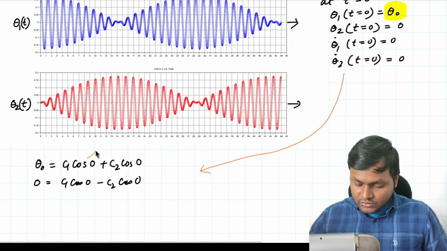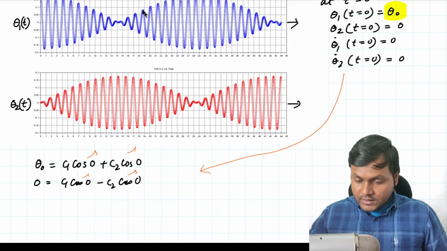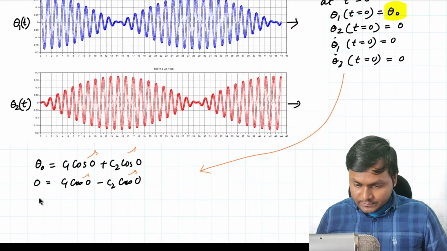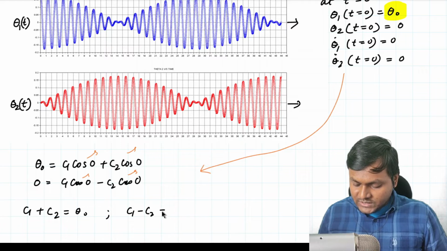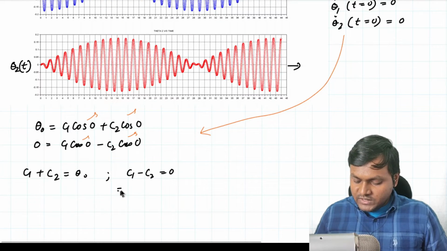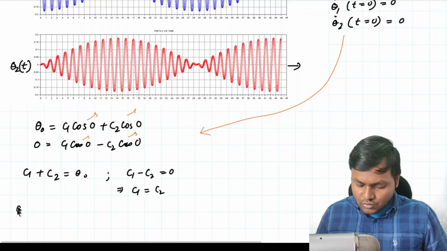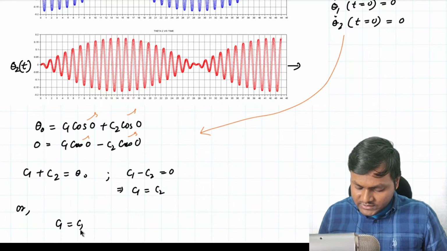Since cos 0 is equal to 1, from here I can say that c1 plus c2 is equal to theta naught, but c1 minus c2 is equal to 0, which simply means that c1 is equal to c2, and I find that c1 is equal to c2 is equal to theta naught upon 2.